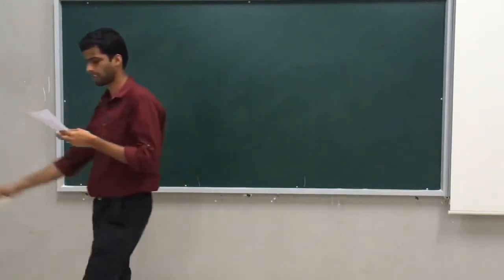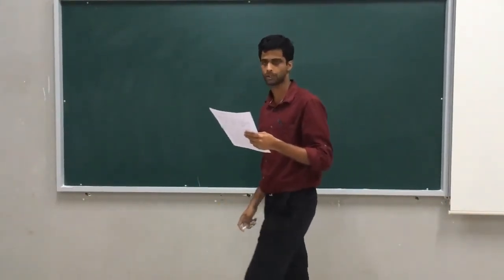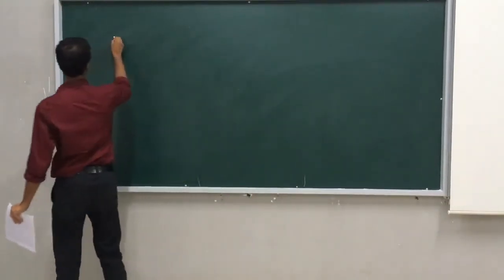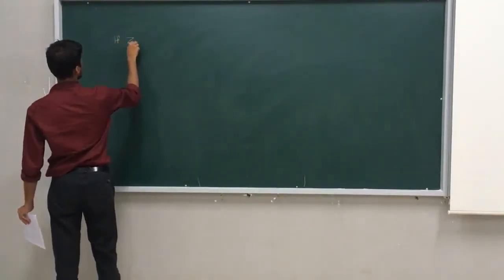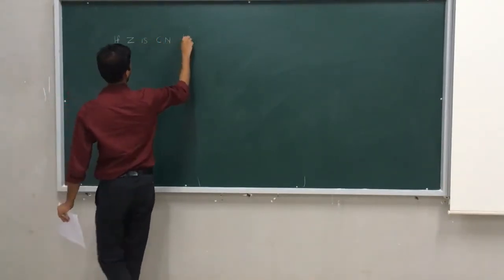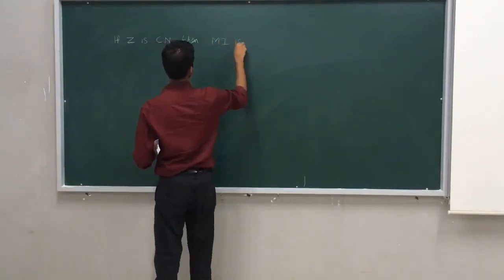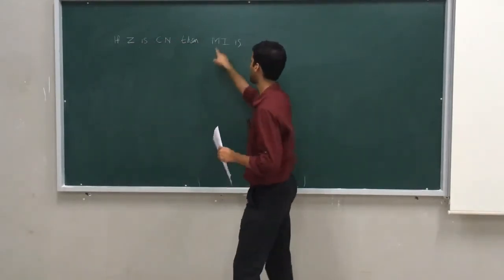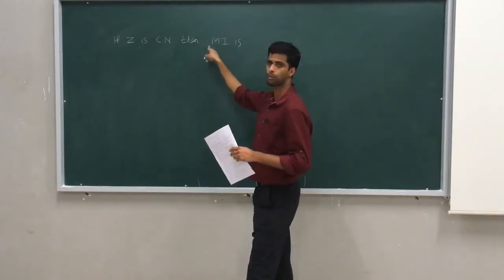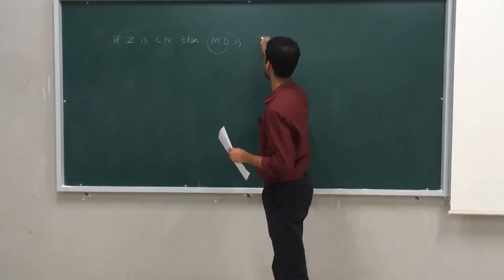In the fifth question, they expect us to find the multiplicative inverse of 7 plus 4i. I taught in my regular class, if z is a complex number, then the multiplicative inverse is given by z bar divided by mod z the whole square.